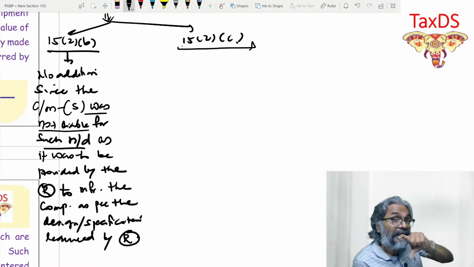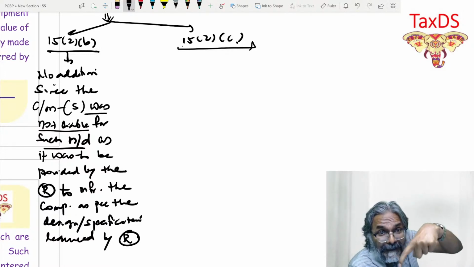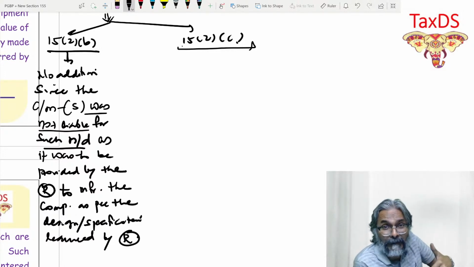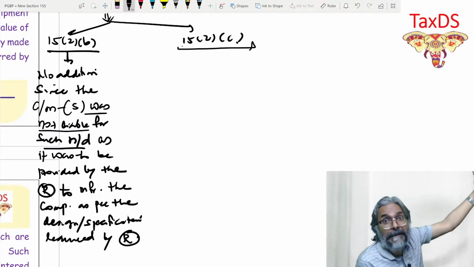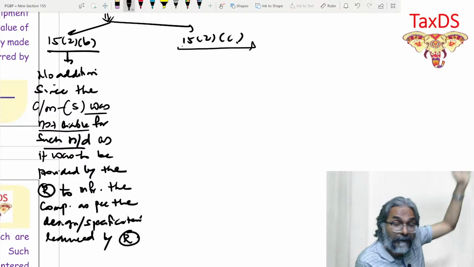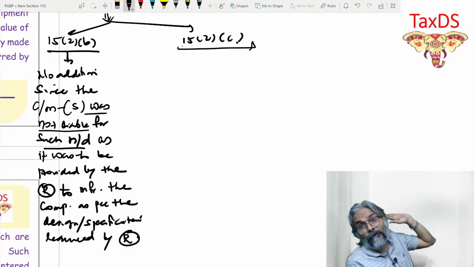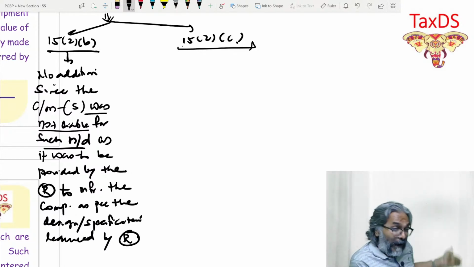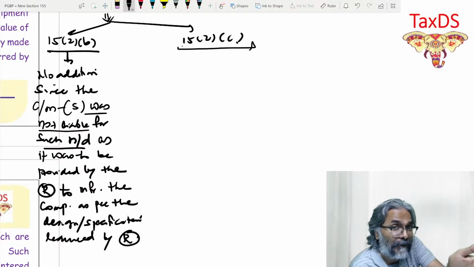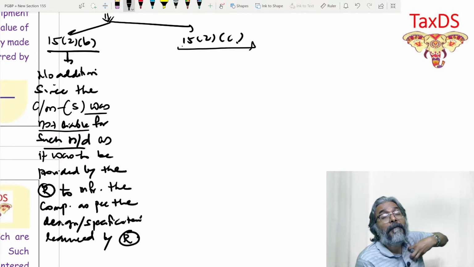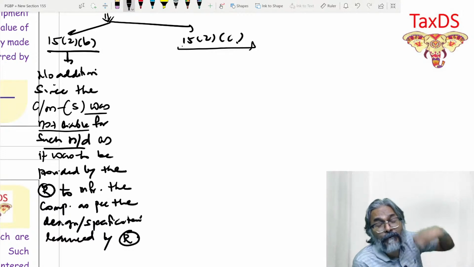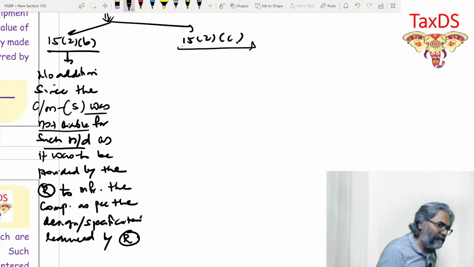But if it is customized, as we are discussing in this example, very specific to the recipient's needs, then the recipient gives his own molds and dies, and I use them for manufacturing. This means the molds and dies were not my liability, and hence it will not be added under 15.2b.